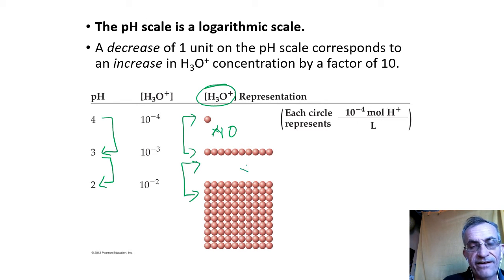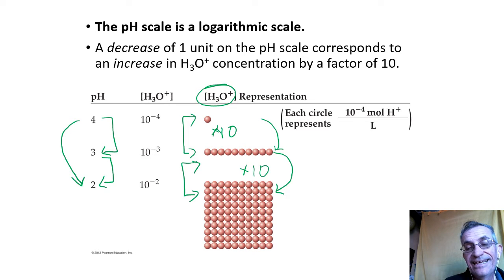It changes by a factor of 10 yet again. So what if you were to go all the way from 4 to 2? Well, you go up by a factor of 10 and then a factor of 10 again. You actually change by 100. The amount of hydronium ions would be 100 times as much in something that has a pH of 2 compared to 4.